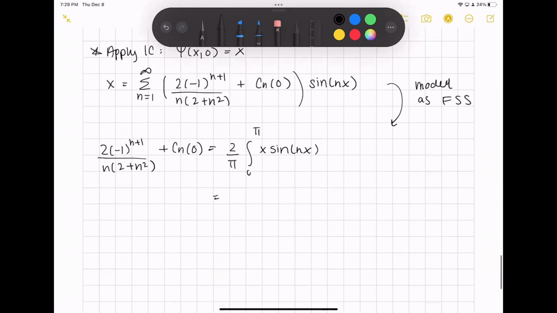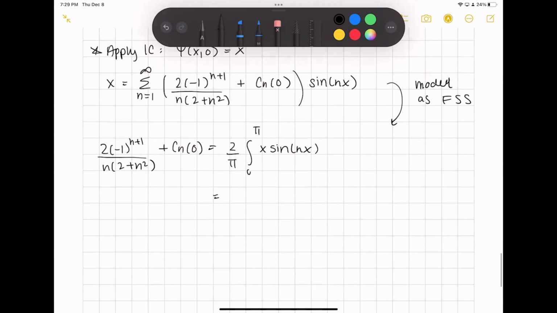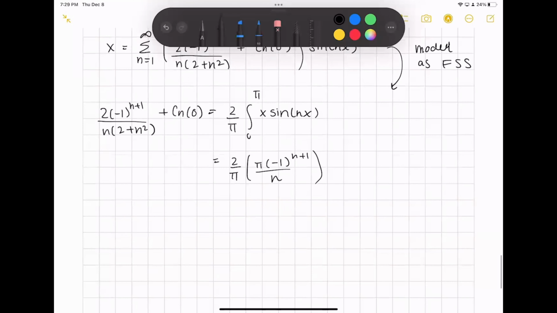And we know we can just solve this using integration by parts, which we did earlier. And that led us to this, and so we can solve for our Cn of 0.